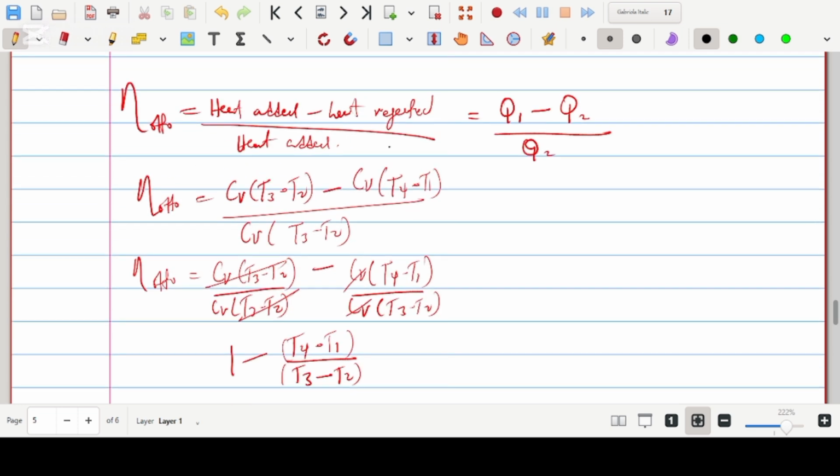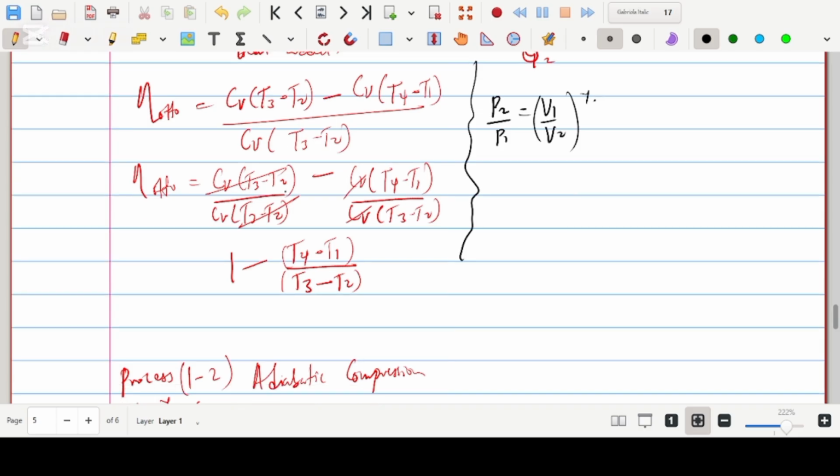Let me solve those. You already know that P2 over P1 is equals to (V1 over V2) raised to gamma.